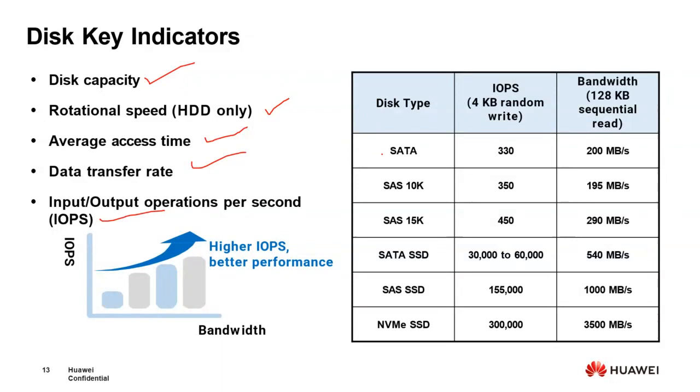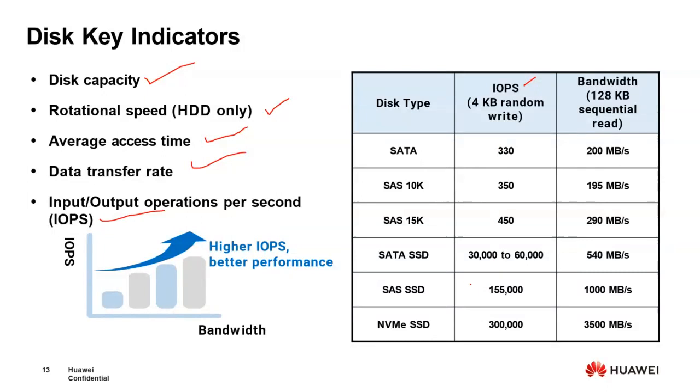So based on these parameters, we have the disks that we mentioned: SATA, SAS disk 10K, SAS disk 15K, SATA SSD, SAS SSD. We have also NVMe SSD disk. So you can see that as time progresses, the input-output operations per second keep increasing, from the SATA until the last SSD card.